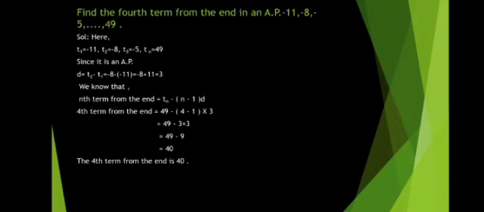So 49 minus, 4 minus 1 is 3, so 3 multiplied by 3. So 49 minus 9 is equal to 40. So the fourth term from the end is 40.